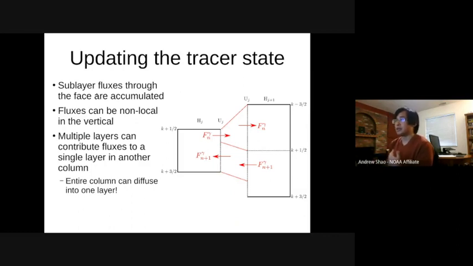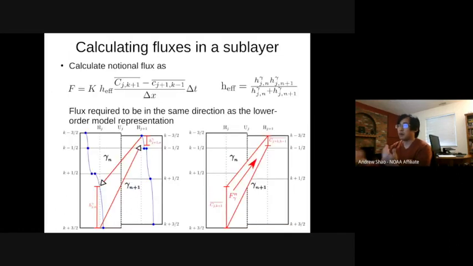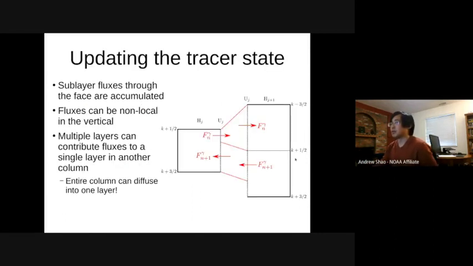One thing to note in this algorithm is that these sublayers can actually connect different parts of the water column. So in this particular case here, the top right layer is actually connected to the bottom left layer, and you can also connect multiple layers in one column to another column. This is what's demonstrated in this slide here, and this is how we would actually update the tracer state within a cell.